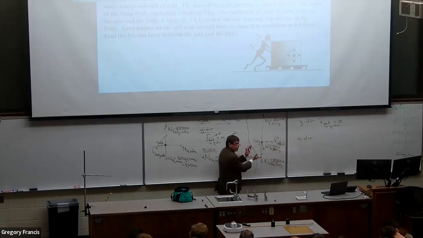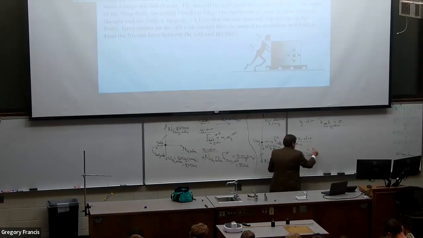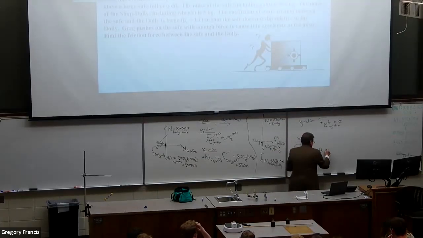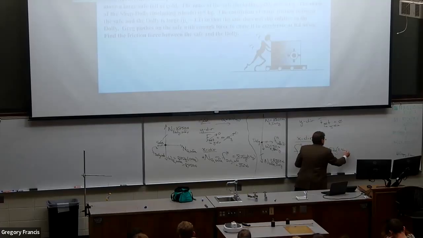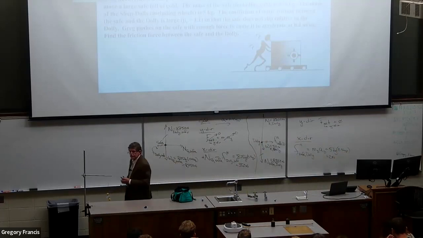I only have one force in the X direction, and that's the force I'm looking for, the static friction by the safe on the dolly. And that's going to equal the mass of the dolly times the acceleration of the dolly. And that's going to be 5 kilograms times 0.4 meters per second squared, or 2 newtons. So the friction force is 2 newtons.